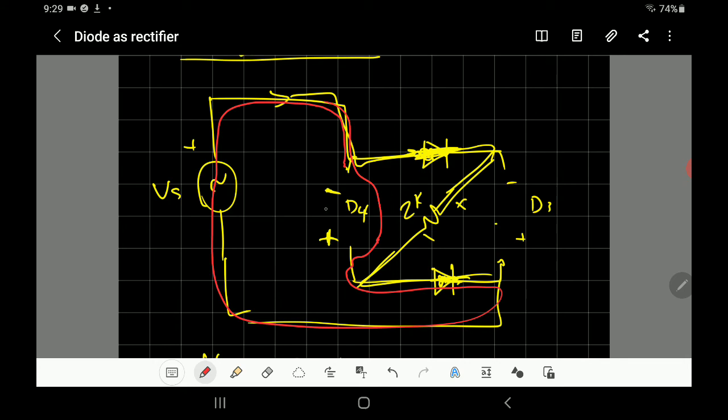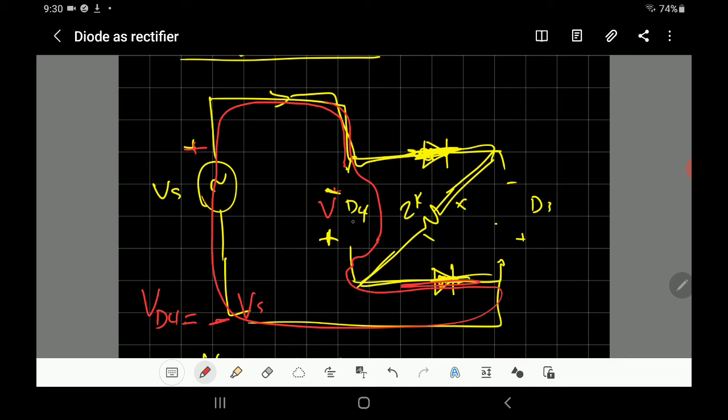So you have the voltage across the diode D4. This is 0 because of the short circuit, and you have the voltage of the supply, and the negative is connected to the positive. So the voltage across diode 4 is equal to minus the voltage of the supply, so it will be minus 15 sine omega t.